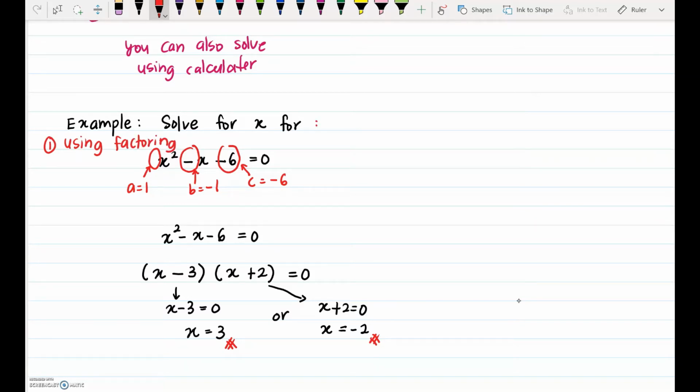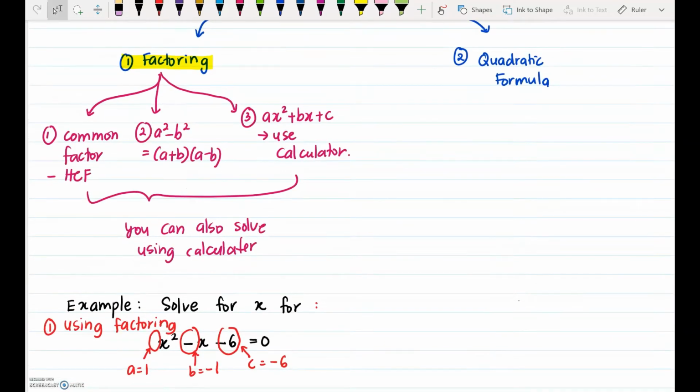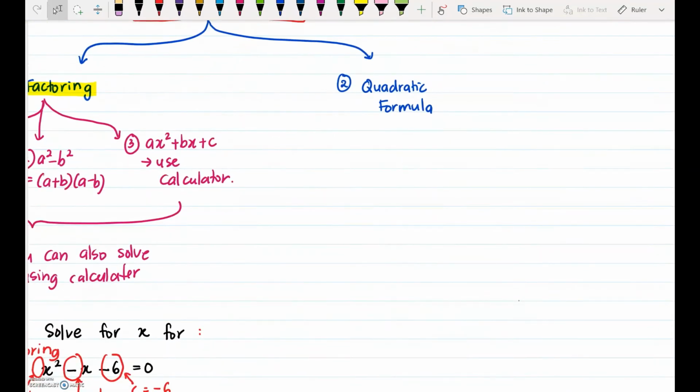Now we will see how we want to solve the quadratic equation using the quadratic formula. Apa formula dia? Formula dia saya dah bagi semalam.